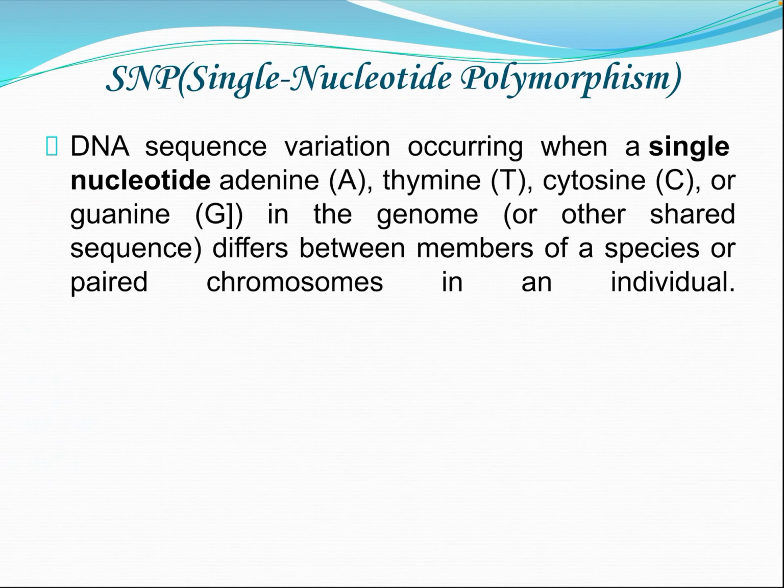SNP stands for single nucleotide polymorphism. Among different sequences, there can be variation of a single nucleotide. For example, at a particular position, instead of adenine A, cytosine C can occur, or an allele of genomic information can occur, so these two sequences differ by only one letter at a particular position.